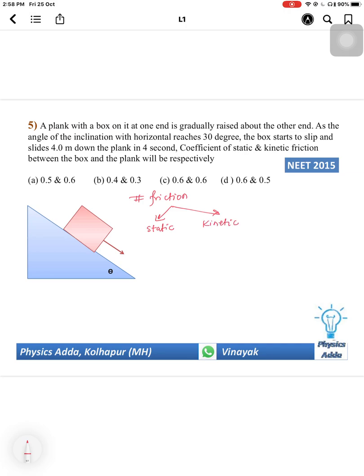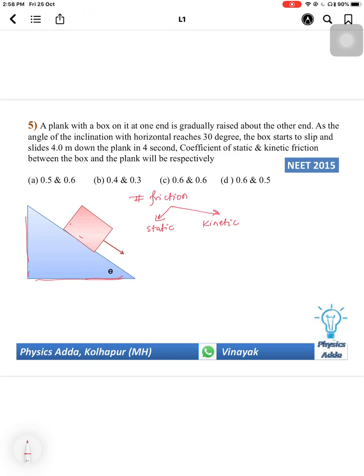The problem is the plank, this is the plank, with a box on it at one end, which is gradually raised.